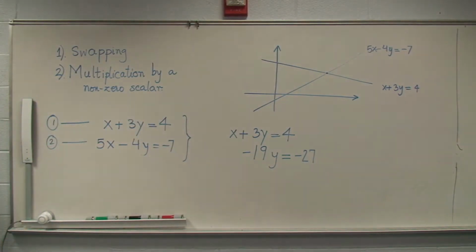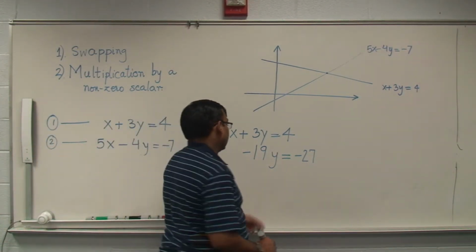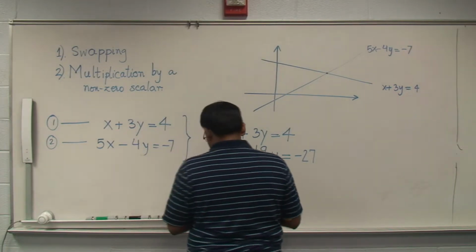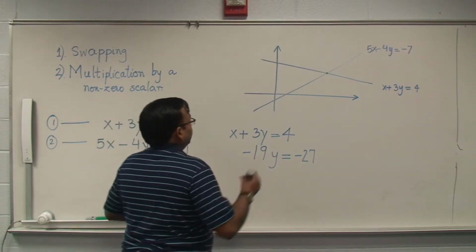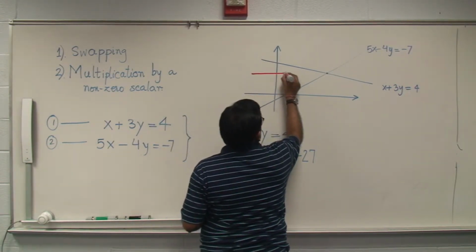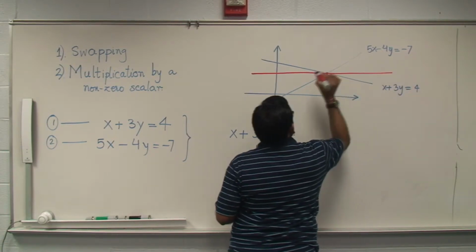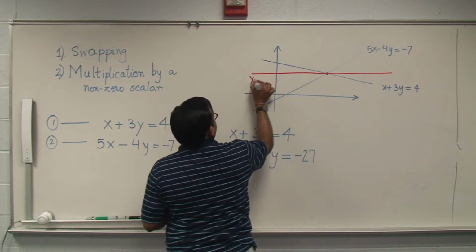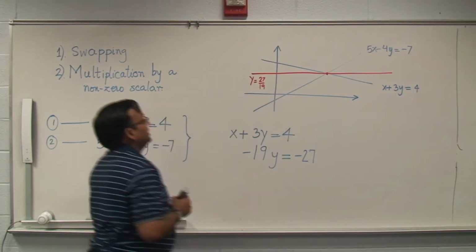Now this is also a straight line. In fact, this is a straight line y equal to 27 over 19. If I draw this straight line, it is actually a horizontal straight line that passes through this point, at y equal to 27 over 19.